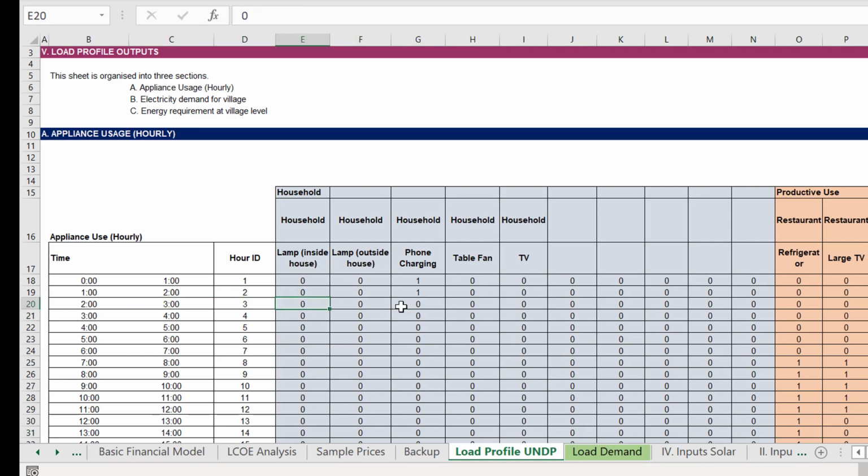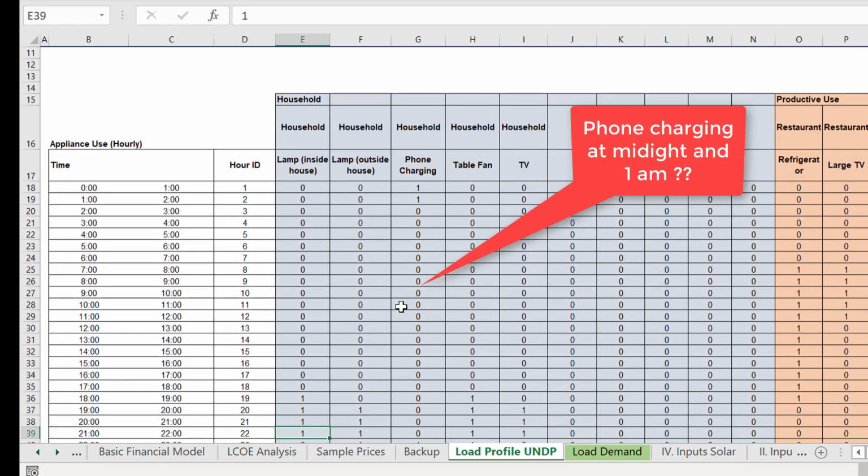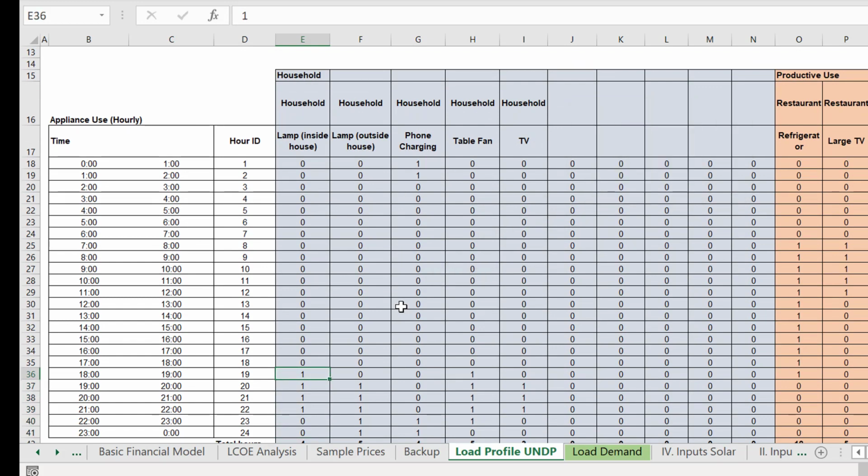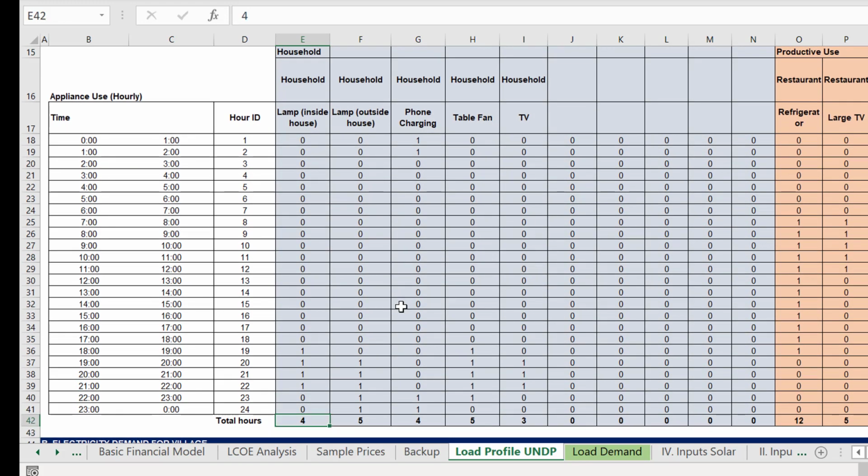They structured this as going from hour 1 to hour 24. Good, 24 hours in a day. And they say this lamp is only going to be used for 1, 2, 3, 4 hours, and that affects the battery analysis. Then the outside one is for 5 hours, and you only use your television for 3 hours.